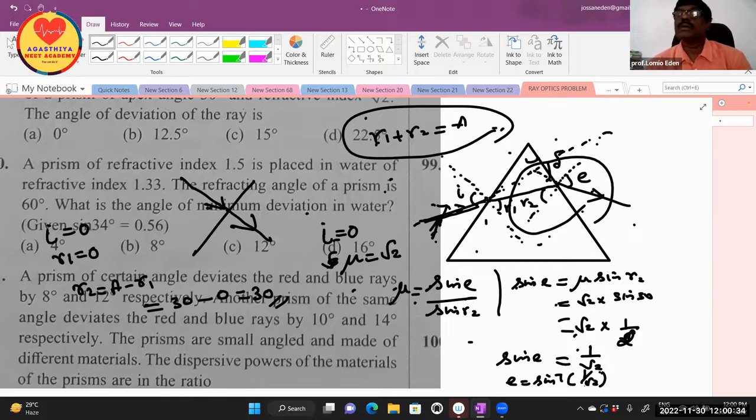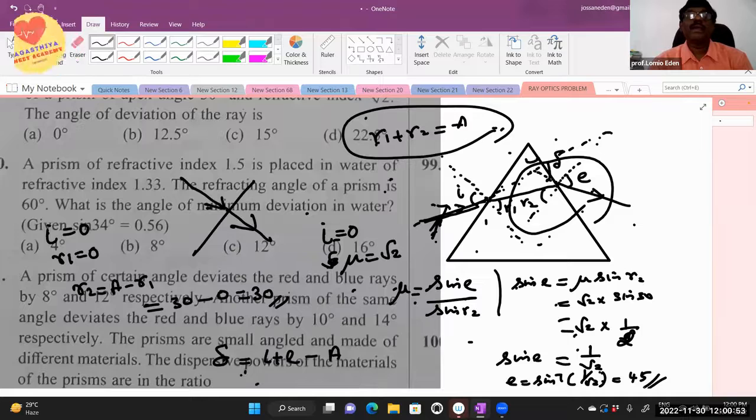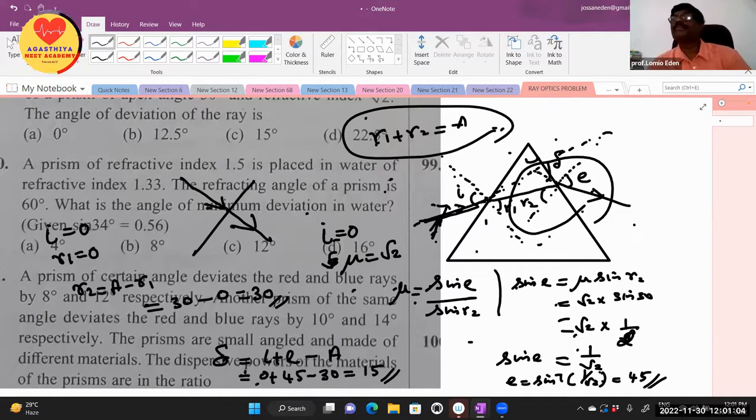How does 1 by root 2 come? 45 degree. Now the question is delta. What is the formula? Delta is equal to I plus E minus A. I is 0 plus E is 45. A is 30. Therefore, angle of deviation is 15. Understand, student?